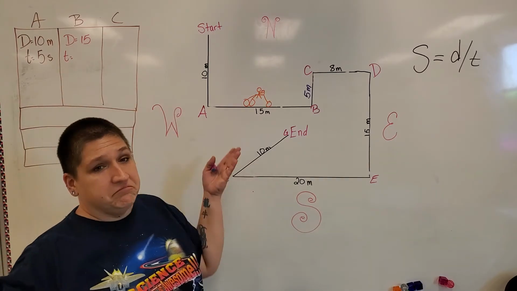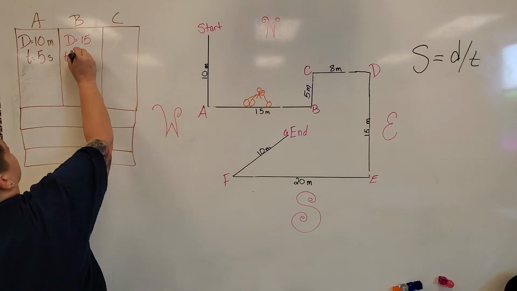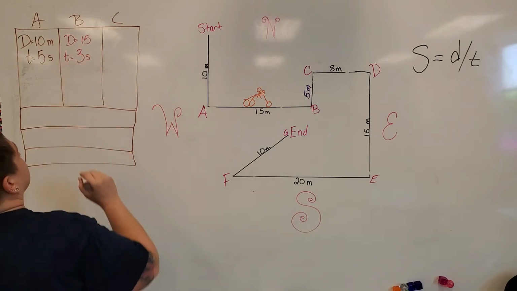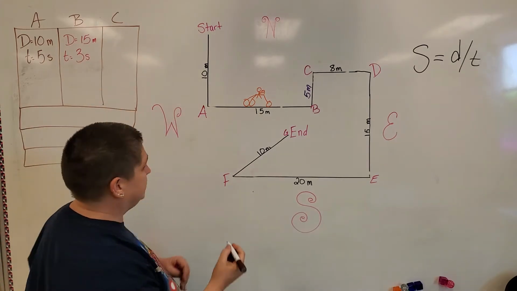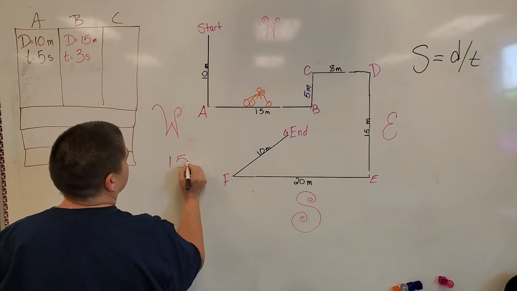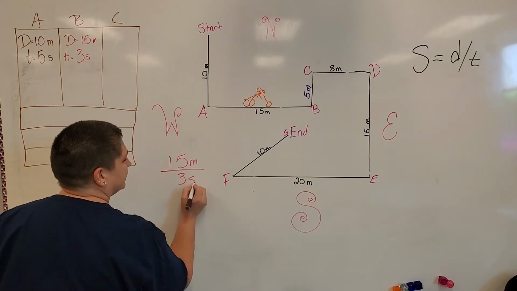What's my time? Let's say it took me 3 seconds. Now what's my speed? Well, again, I'm going to start with my distance on top, the 15 meters, and I'm going to divide that by my time, 3 seconds.